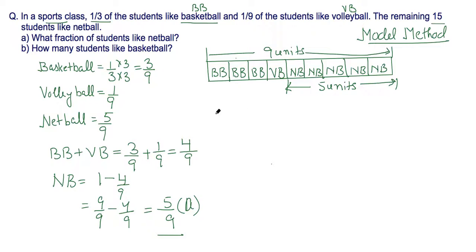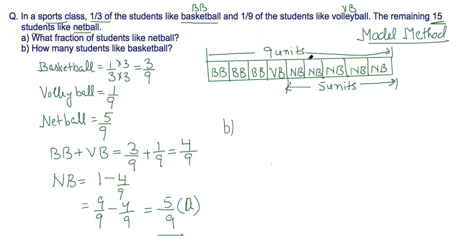Now let's go to part B. How do we solve part B? The question is, how many students like basketball? From the question, we have 15 students who like netball.